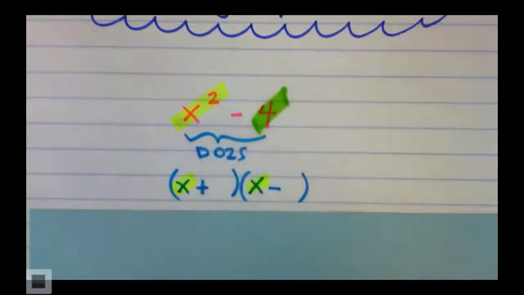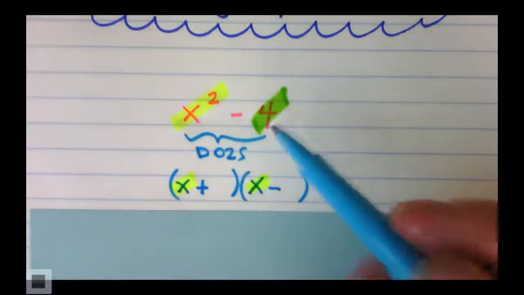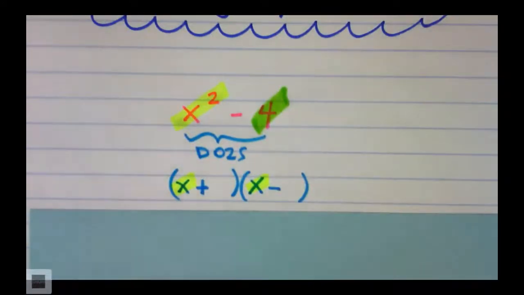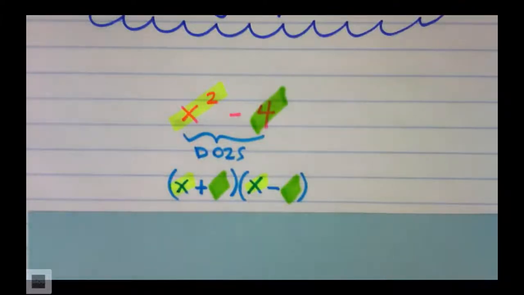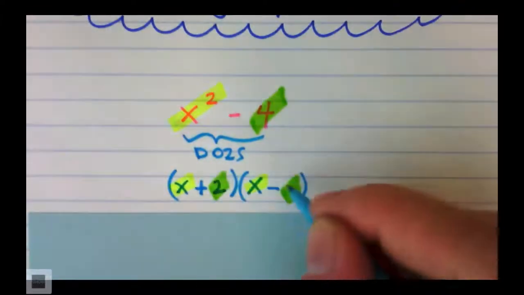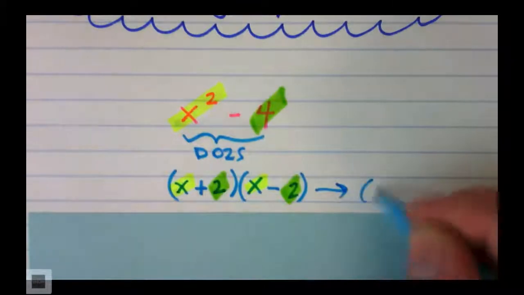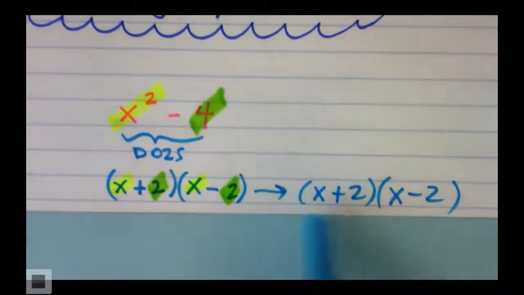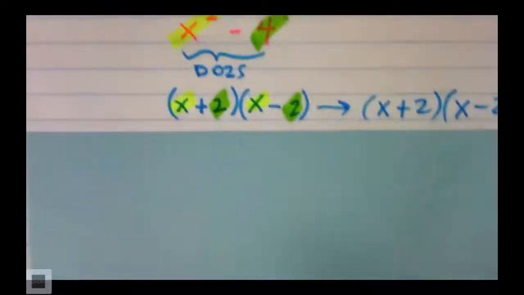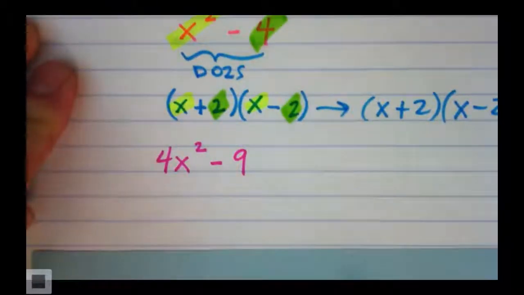I'm just looking at the number. And I take the square root of 4, and I'm going to put that value second. Well, the square root of 4 is nothing more than 2. So my answer to this is just simply x plus 2, x minus 2, and I have factored the problem out. Now, you should go through and just multiply this out just so that you can see that it's x squared minus 4.